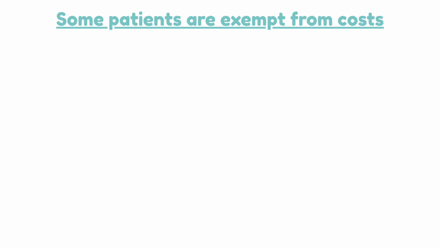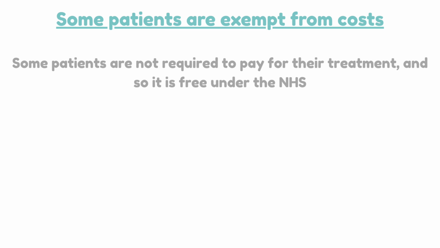Now it's very important to know that some patients are exempt from costs, which means they don't have to pay. So some patients are not required to pay for their treatment, and so it is free under the NHS.